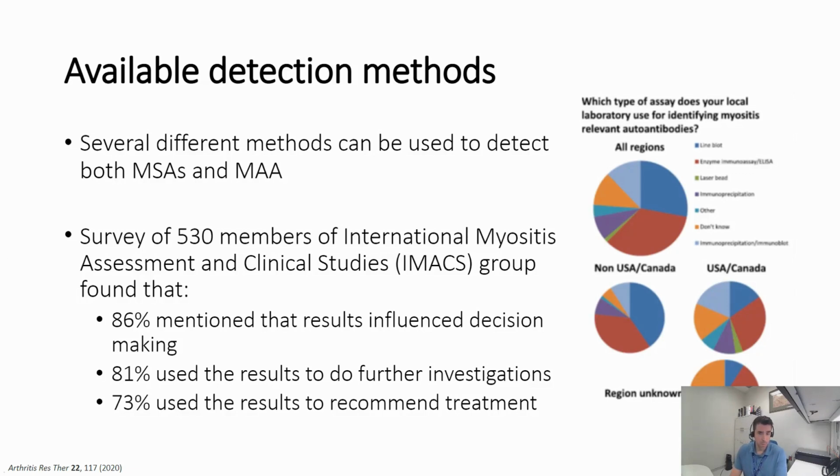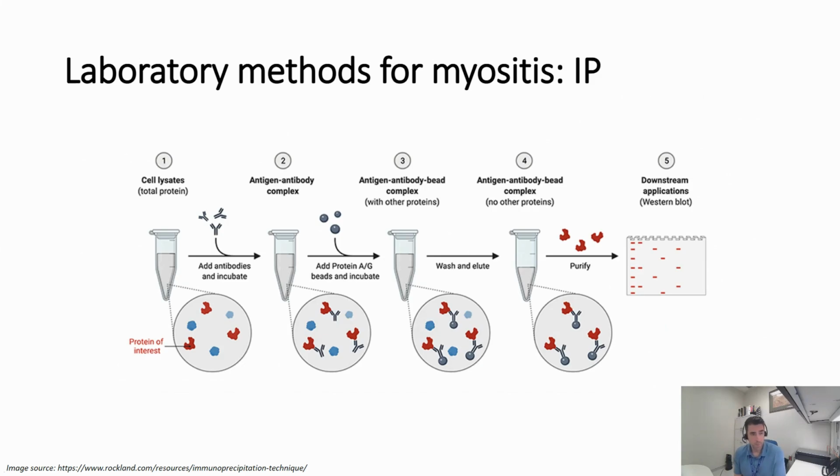So, laboratory methods for myositis. One of the methods that can be used is immunoprecipitation, where we have a cell lysate, or in this case a patient sample, with a protein of interest. These proteins of interest can be our myositis autoantibodies. We add antibodies that can bind and incubate.